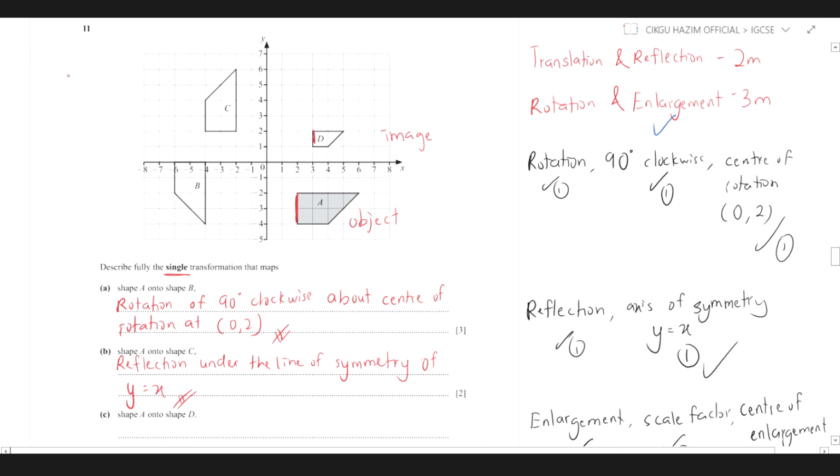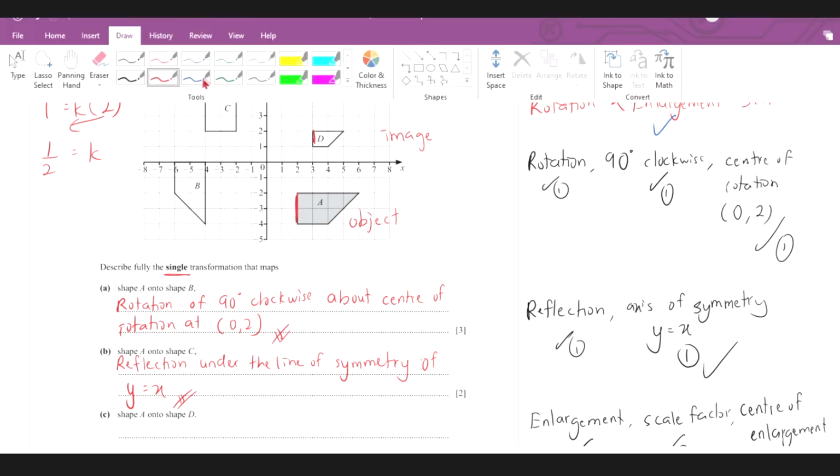So we can use this formula: image equal to k multiplied by object. Just use the lengths that we have just now. Image is 1 and k multiplied by object length is 2. So move 2 to the left side: 1 over 2 equal to k. So your scale factor is equal to 1 over 2.